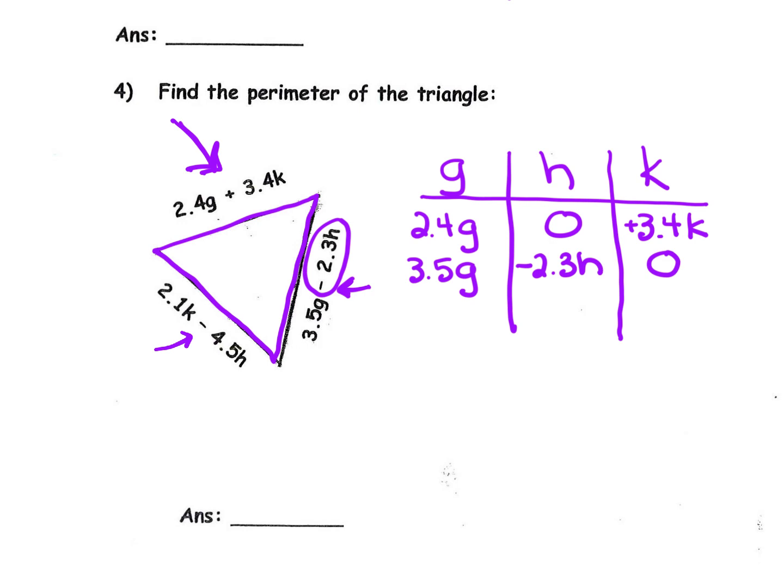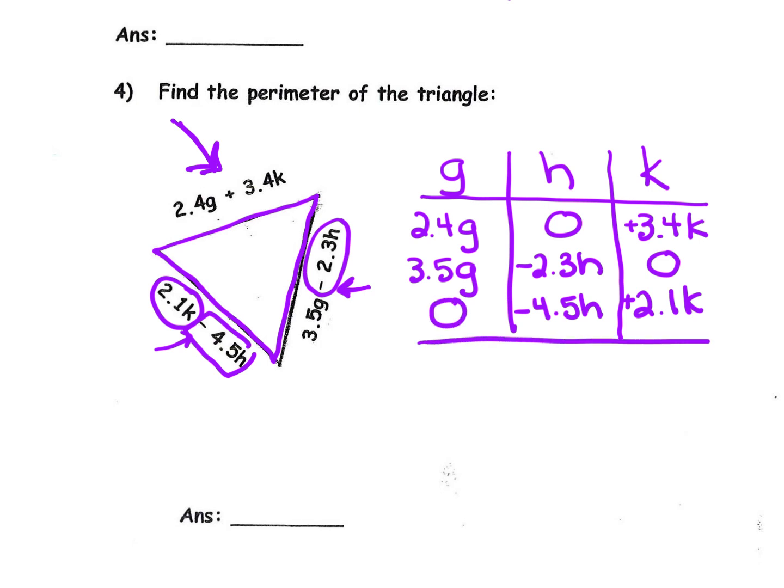And finally, our first term is 2.1, a positive 2.1K, and then a negative 4.5H. And we're going to put a 0 in the G column.